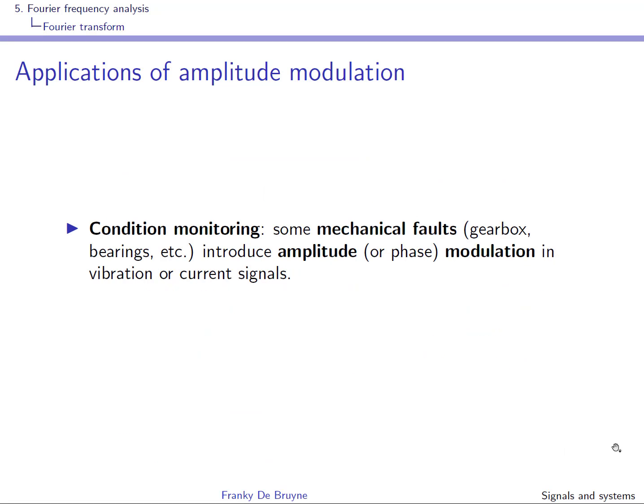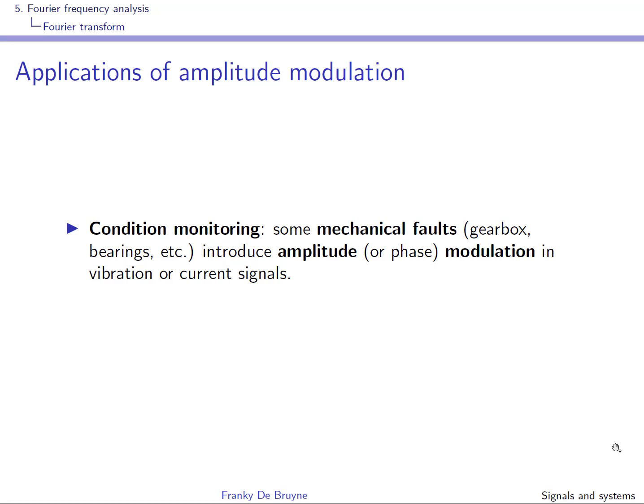Some mechanical faults, in gearboxes and bearings (roulement in French), introduce amplitude modulation. Developing bearing faults, for instance, produce periodic impacts, and these periodic impacts depend on the bearing geometry.